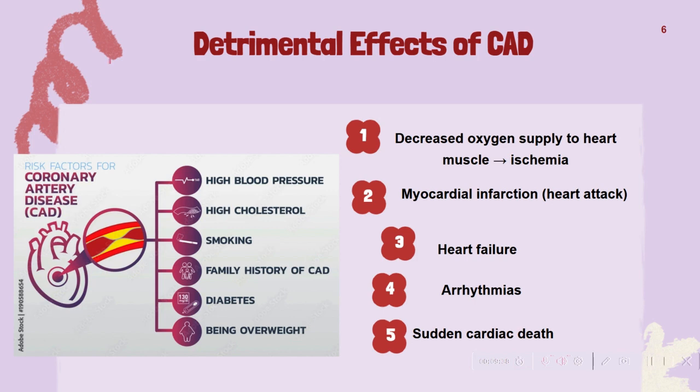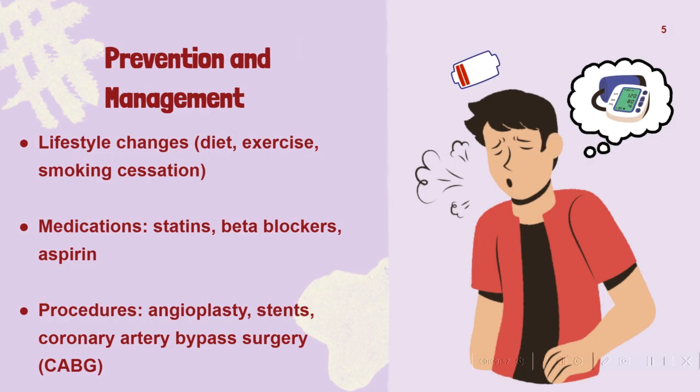Prevention and management of coronary artery disease rely heavily on making long-term lifestyle changes that reduce risk factors to support heart health. A heart-healthy diet, low in saturated fat, trans fats, cholesterol, and sodium, can help control blood pressure and cholesterol levels.